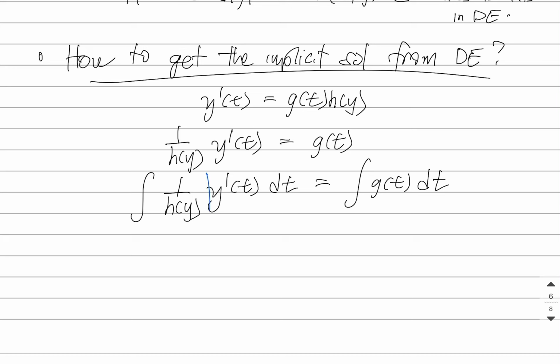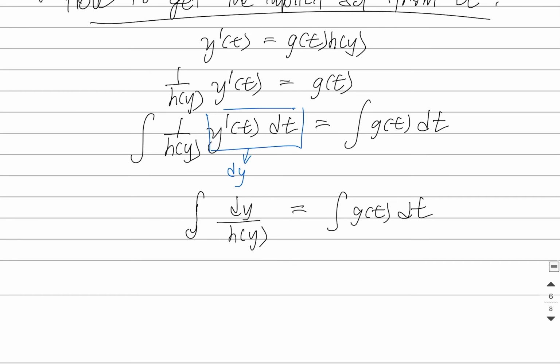From calculus, you learn that this could be redefined as a new differential dy. It's essentially the chain rule in reverse. You're switching variables here. It's a change of variables, and what ends up happening is that you're going to get two different antiderivatives on either side. Remember that we called this N of y dy.